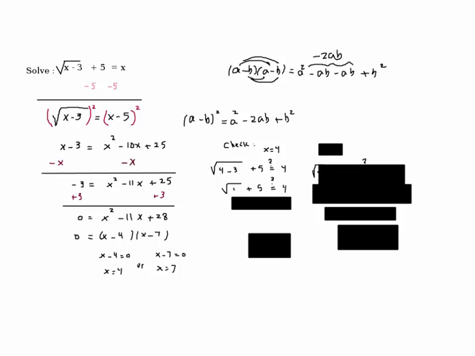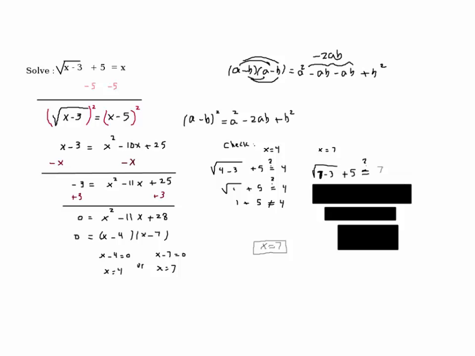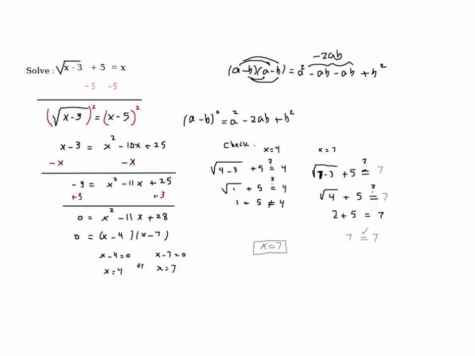So I would get 1. So it looks like 1 plus 5 is not equal to 4. So we cannot accept this as a solution. But 7 works. If I substitute 7 there, you see that we get 7 is equal to 7. So we only have one solution here. X is equal to 7.